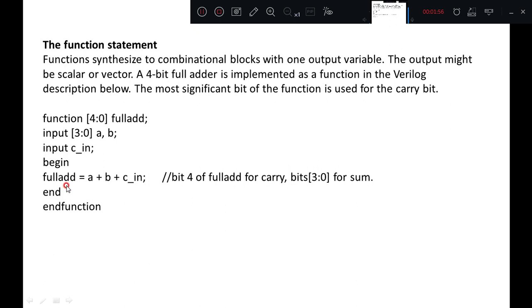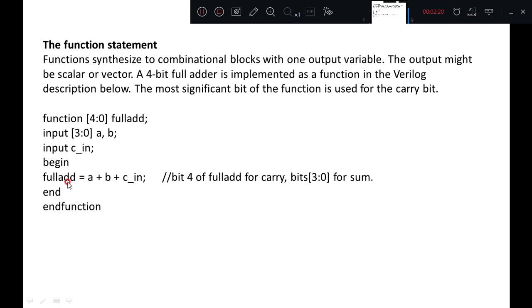Within the function body we write full add is equal to, using arithmetic operators we have implemented the design A plus B plus Cin. So bit 4 of full add is for carry, bits 3:0 for sum. Altogether 5 bits are computed and they are assigned to full add.